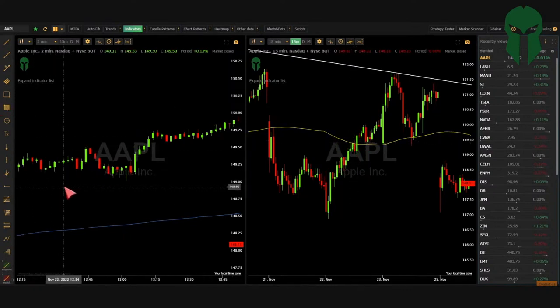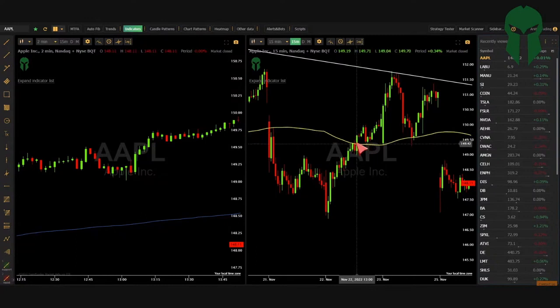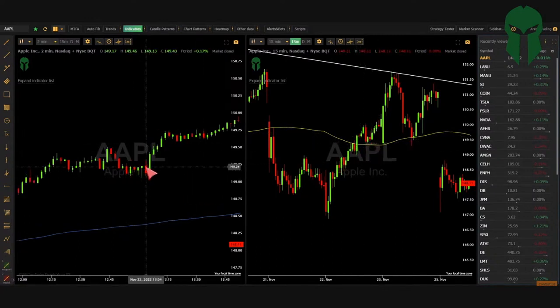We don't know. But if you're entering here, on that close over, and that's why I would wait for the close, I'd always wait for the close over before I'd start thinking about doing these. But if you're looking at that close and you're entering here, then this becomes really simple. This is your stop.